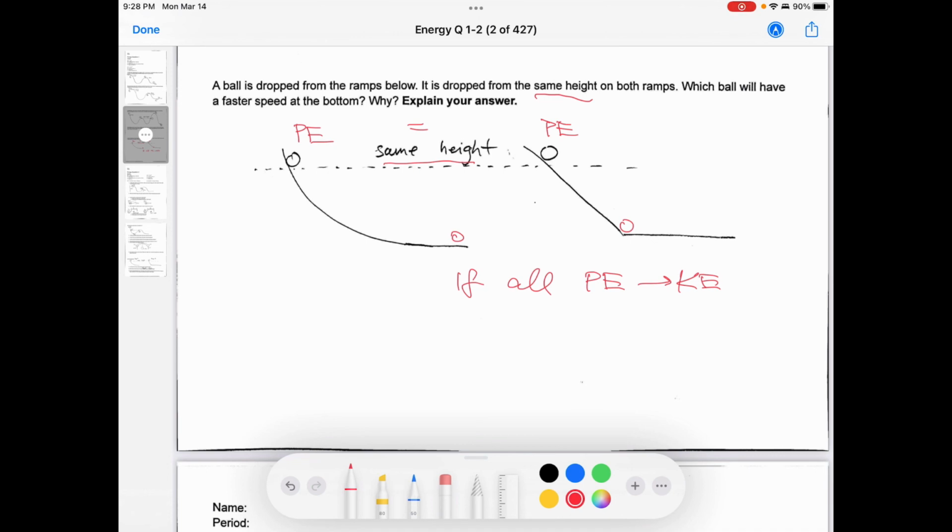If all the potential energy from the height is converted into the speed of the ball at the bottom of the ramp, then the speeds of these balls would be equal. So if all of the energy was converted, the speeds would be equal.